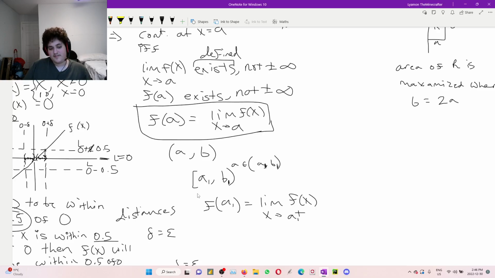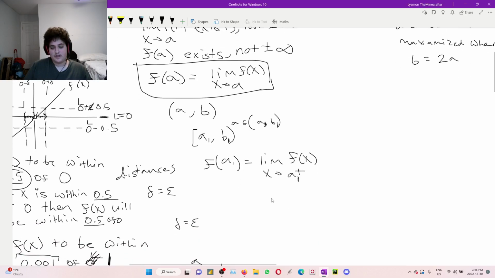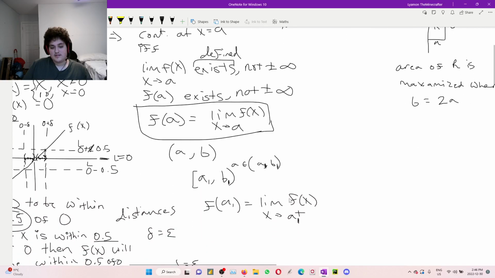Because obviously if f of x is not defined on the left of a1, then the limit will not exist for the limit of f of x as x approaches a1. So that's continuity on an interval.